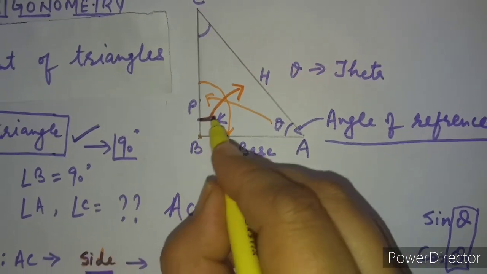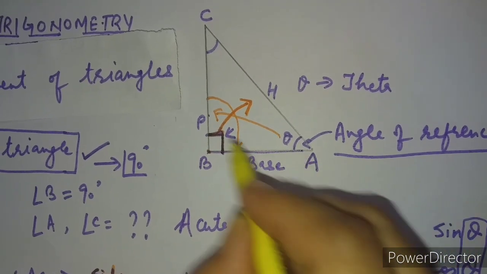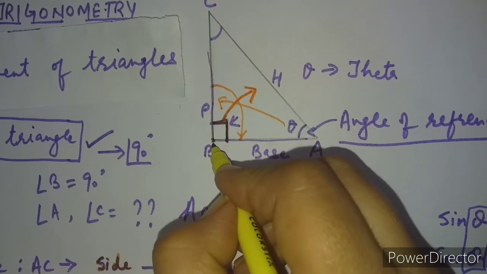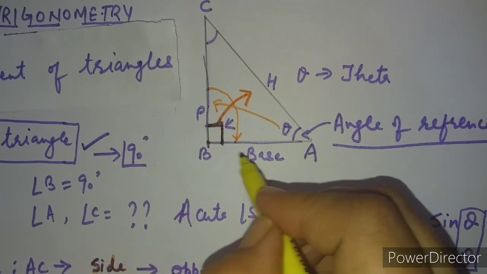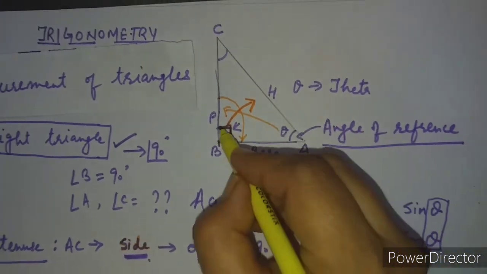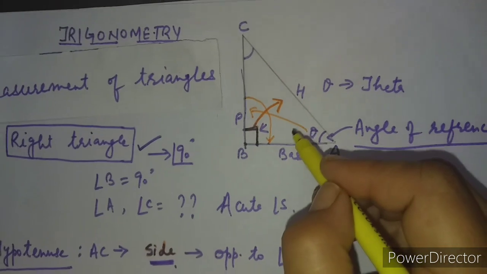The angle of 90 degree is contained in the side base and the side perpendicular. Clear? Perpendicular and base are adjacent to each other, and the hypotenuse, I have already told, the side opposite to the angle of 90 degree, will be the hypotenuse.